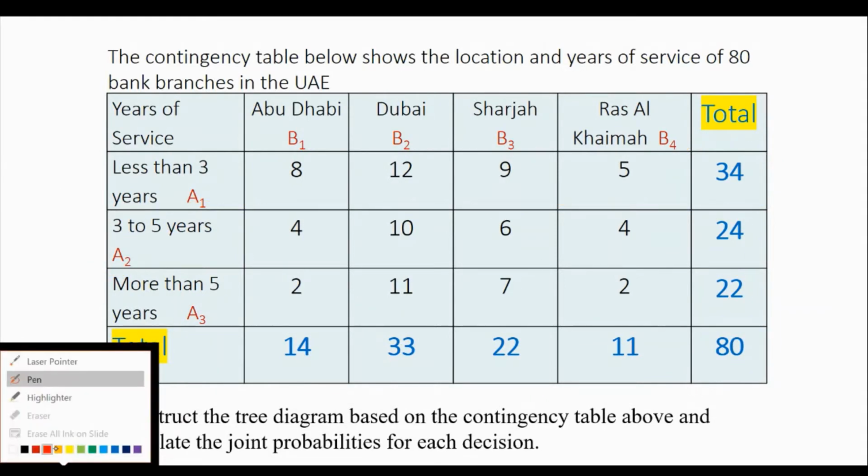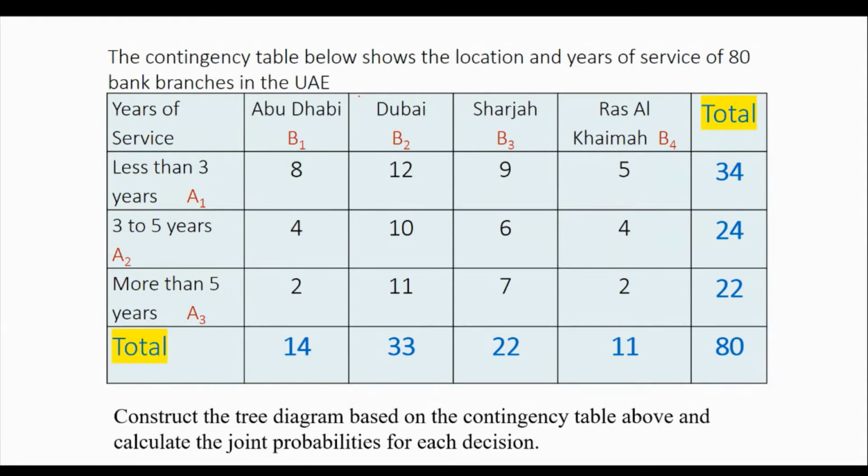Let's look at the location. We have branches located in Abu Dhabi, and we're calling this B1, Dubai B2, Sharjah B3, Ras Al Khaimah B4. So for each year of service selection, I have 4 possibilities.